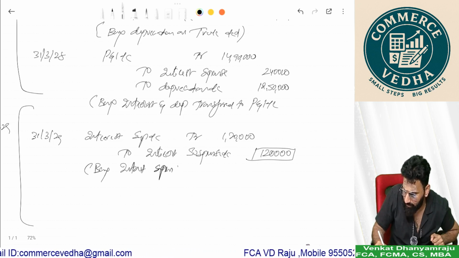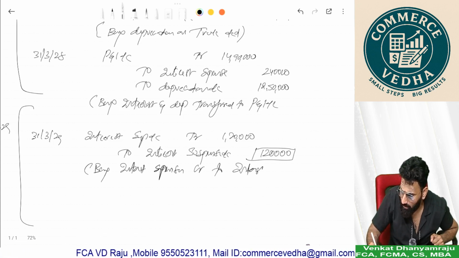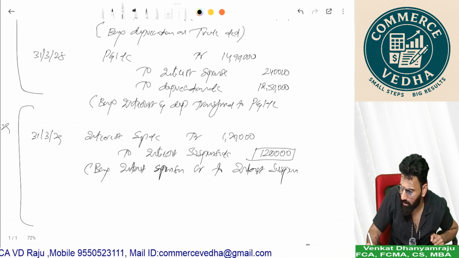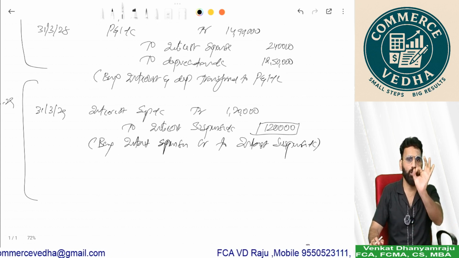So being interest expense credited to interest suspense. With this, suspense account is actually zero.